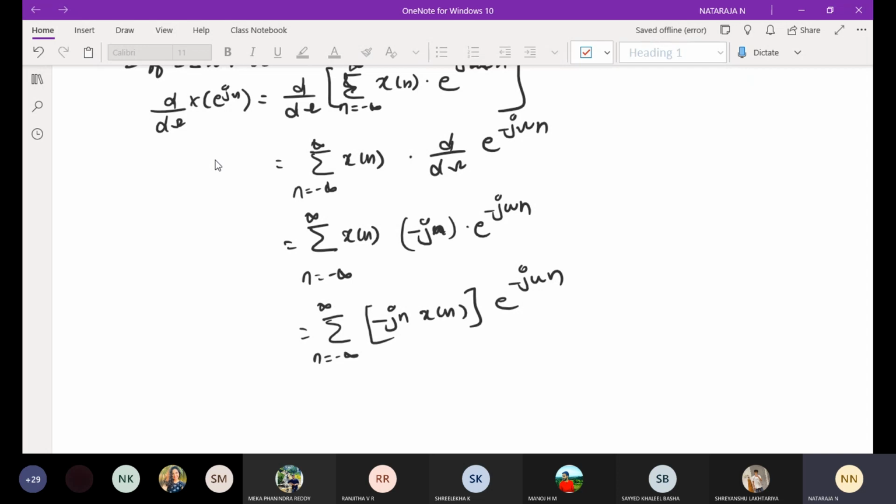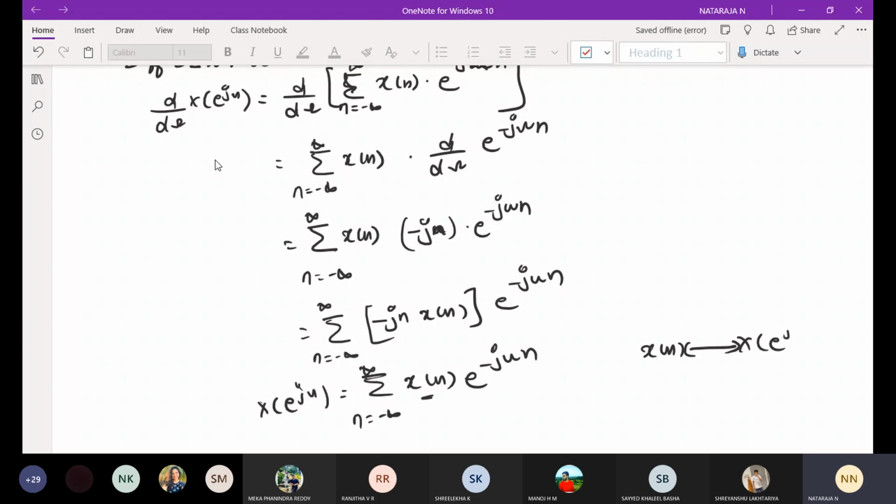If you compare this with the standard equation, X of e power j omega equals summation n equals minus infinity to infinity x of n into e power minus j omega n, with x of n as the DTFT of X of e power j omega, so I can write minus j n into x of n with respect to the differentiation d by d omega of X of e power j omega.